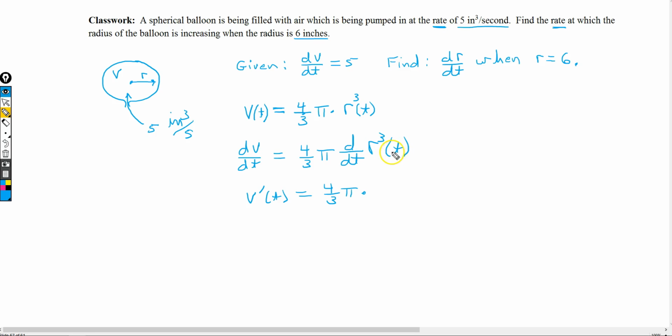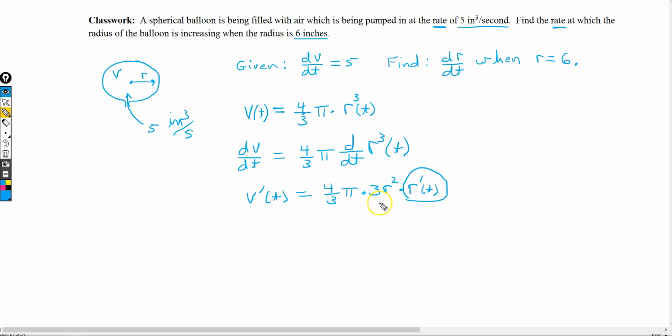Now dr/dt, that's going to be 3r squared times r prime of t, right? Once again, you have to use a chain rule. Differentiate this with respect to r, 3r squared times dr/dt, and that's right here. Now we need to solve for this piece right here.